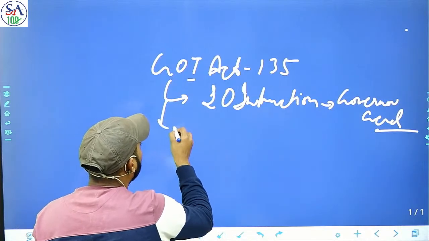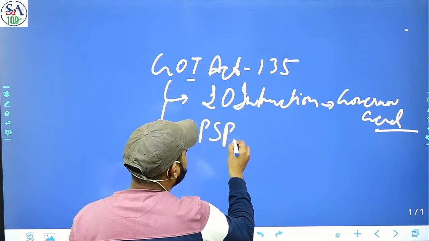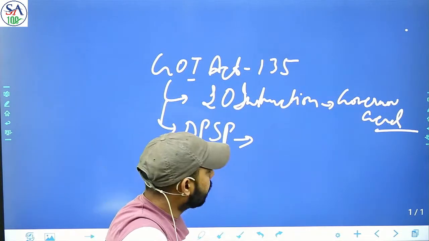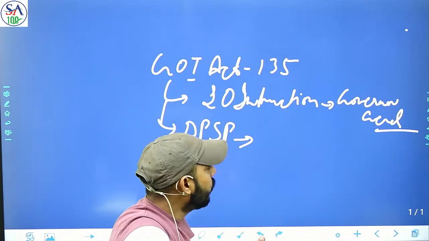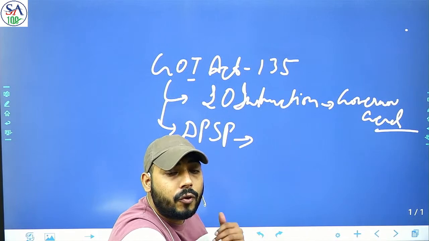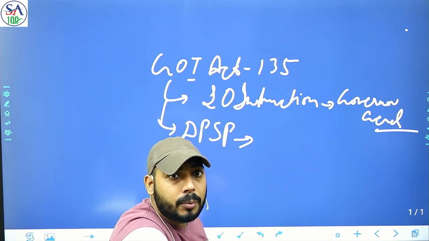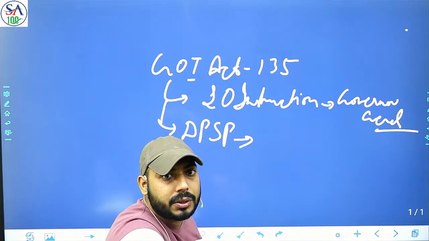Similarly, it was inserted in the Indian Constitution in the form of DPSP, which also directed the government or state, you can say, to do certain tasks for the welfare of the people, to ensure the socio-economic democracy of the people, where it aims at creating a just society.